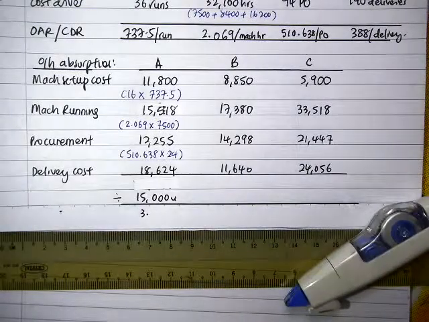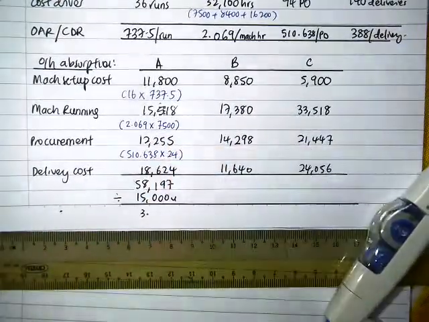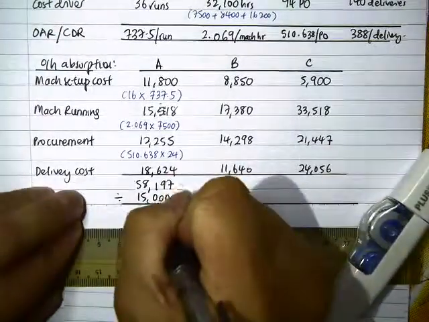So it's 58,197. Then we get 3.88 per unit.